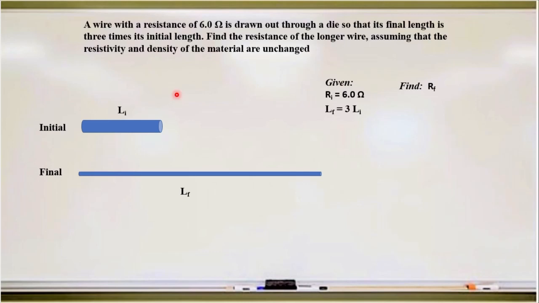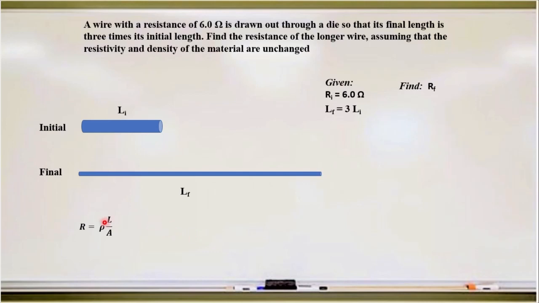First, I would like to discuss the intuitive solution of this problem. We know that the resistance of the wire can be calculated using this equation, where ρ is the resistivity of the material, length is the length of the wire, and area is the cross-sectional area of the wire.